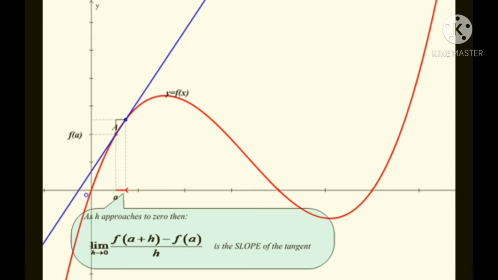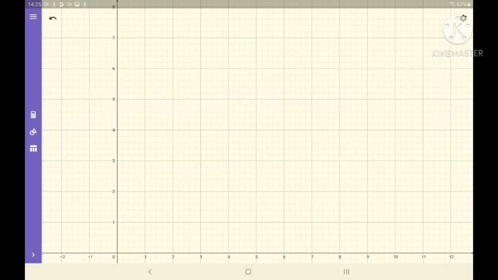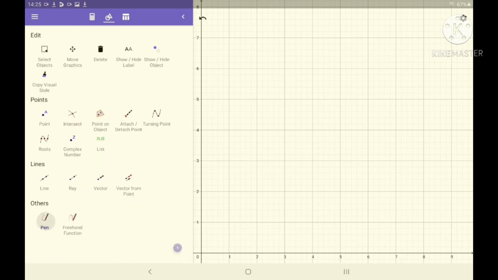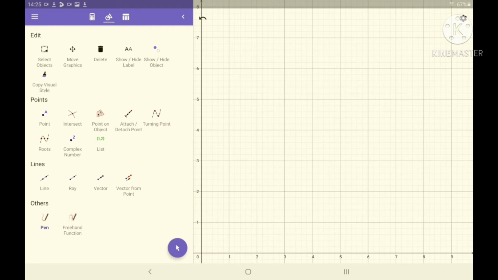Now how it becomes? Let us see. You can see the xy plane here properly, and suppose this is my curve and this is my chord.